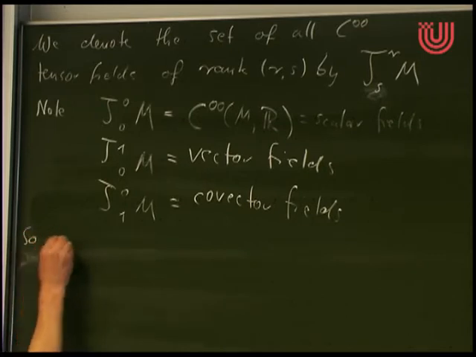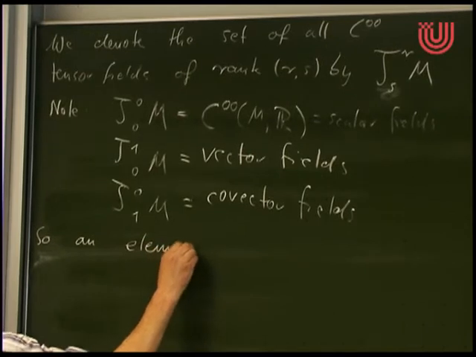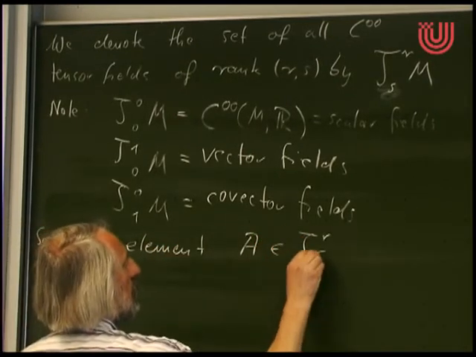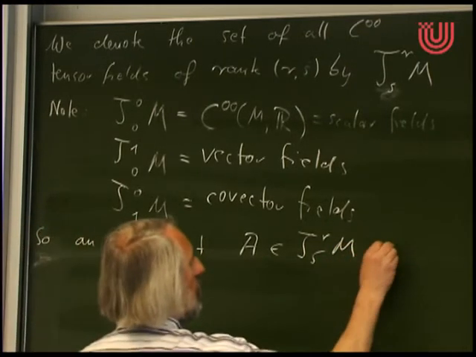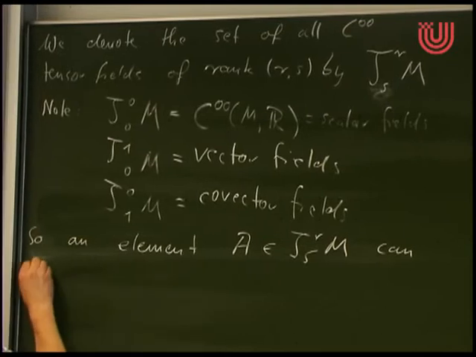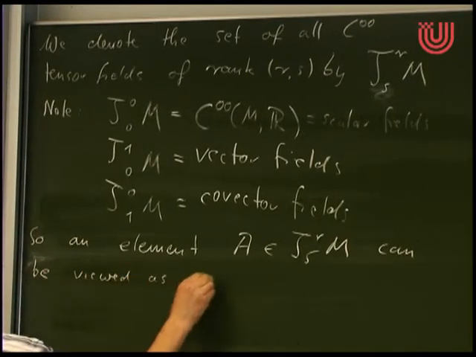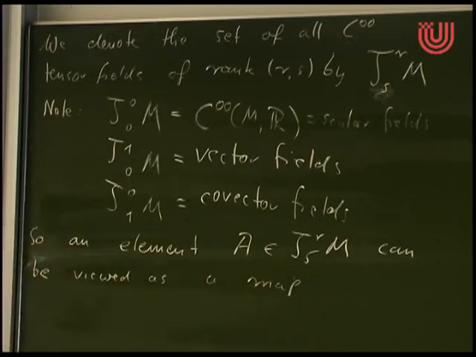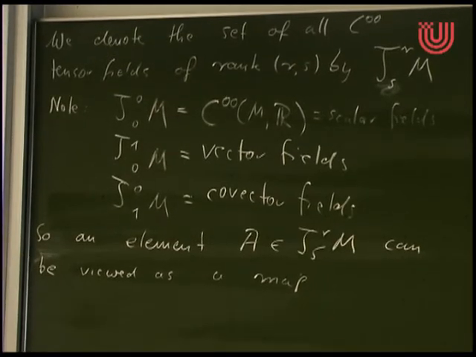So an element A in T R,S of M. What is this? So this can be viewed as a map. Well, if it is a tensor, then it has R entries where I put covectors into, and it has S entries where I put vectors into.